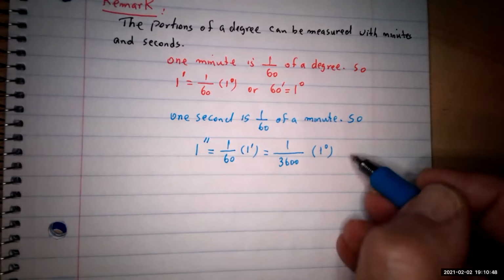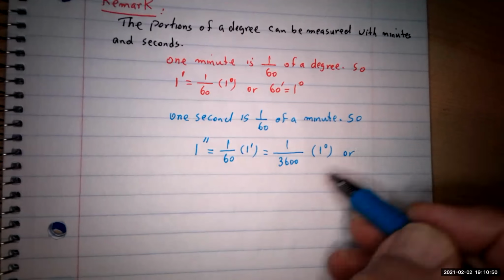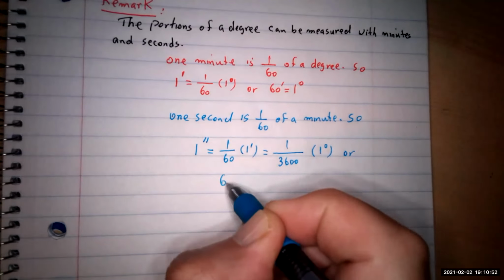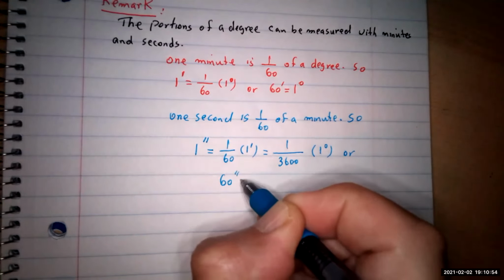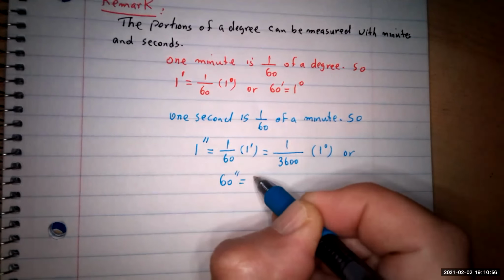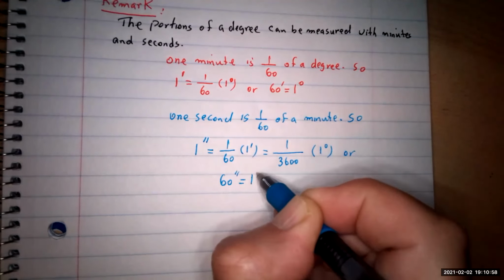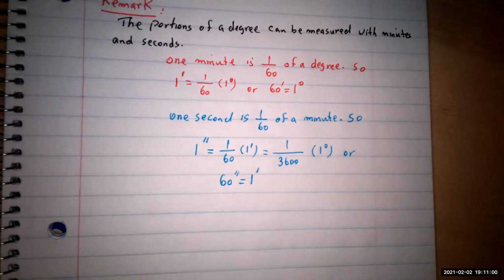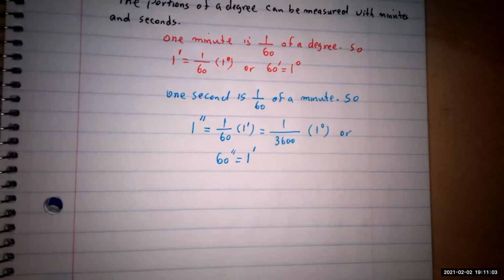Or simply, if you have 60 seconds, that 60 seconds is going to be 1 minute, and you know that 3600 seconds, if you like, gives you one degree. Okay, so these are the measurements that we are going to use.